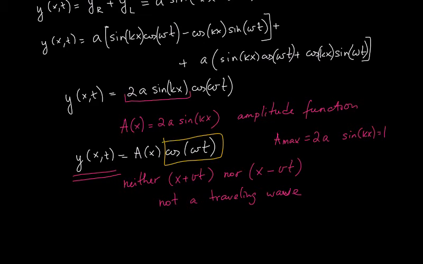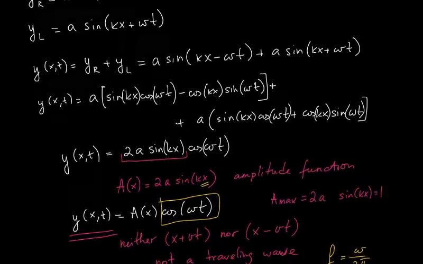Instead, this cosine omega t term describes a medium in which each point oscillates in simple harmonic motion with the frequency omega over 2 pi. The amplitude function A(x) equals 2A sine kx gives the amplitude of oscillation for a particle at any position x.